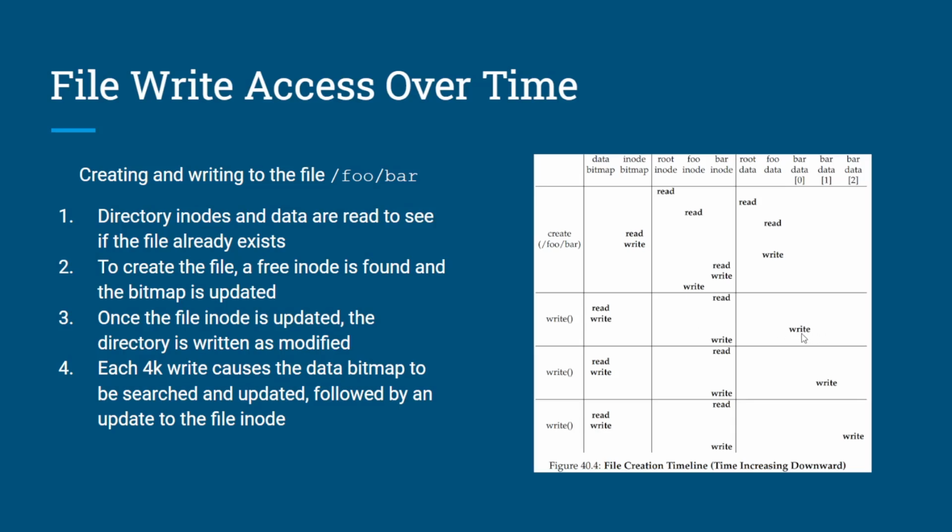We then write the 4K of data to the data block for bar, and then write our inode back to the file system for bar. And that happens for each of our 4 different writes. So clearly, writing is a very intensive operation, especially when it comes to actually modifying the bitmaps for both inodes and data.